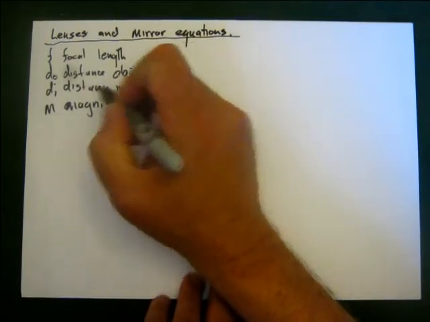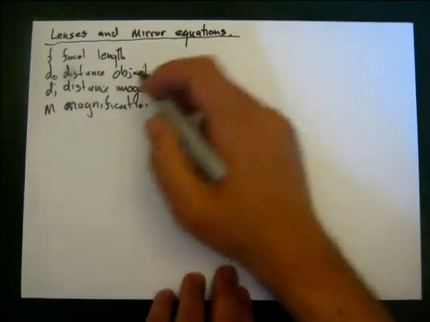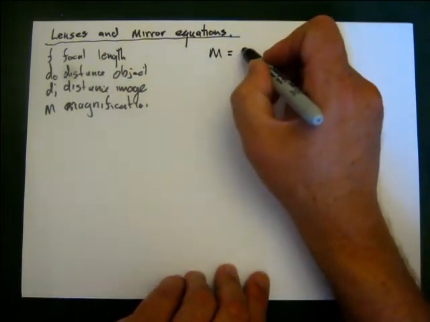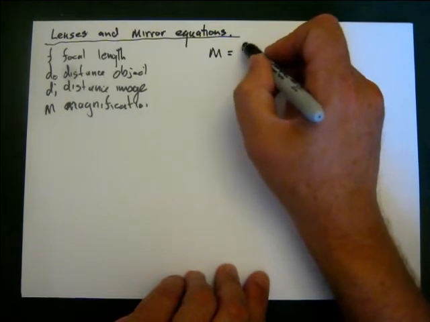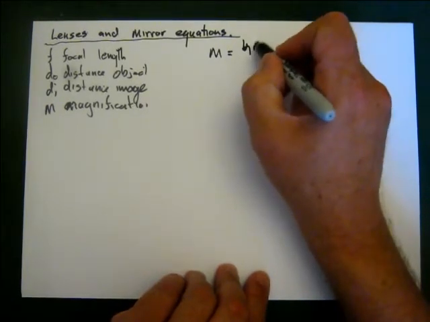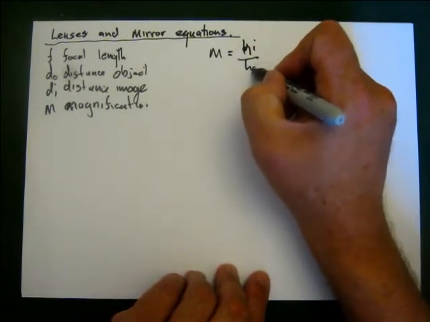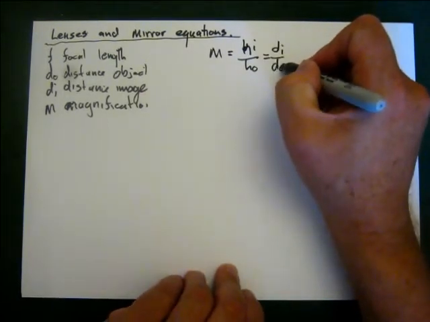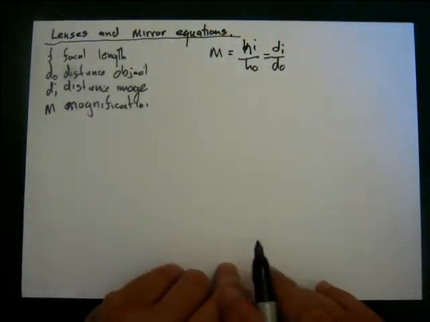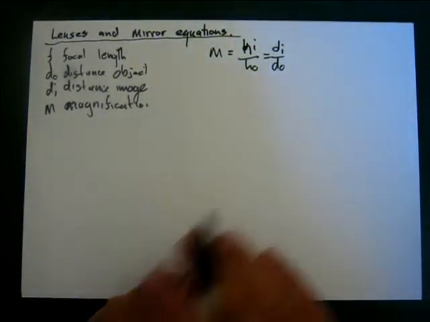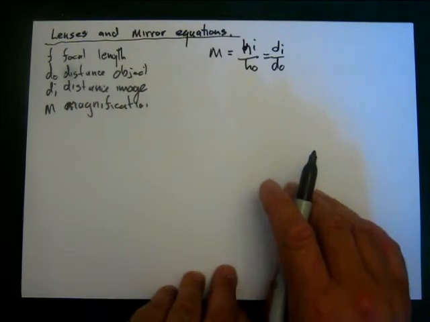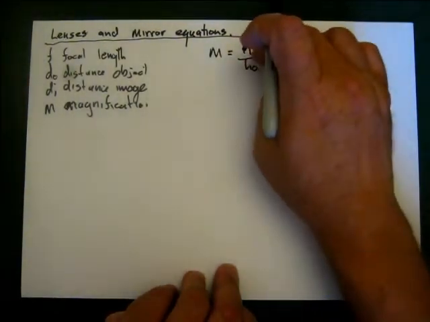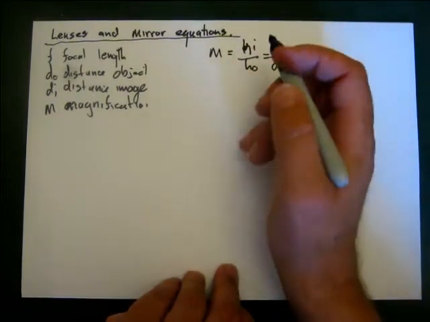So if you're looking just at the equation, magnification equals the height of the image over the height of the object, which is also equal to the distance of the image over the distance of the object. And so this tells us if the image is bigger. We'll do a whole series of examples shortly working on the height and magnification.